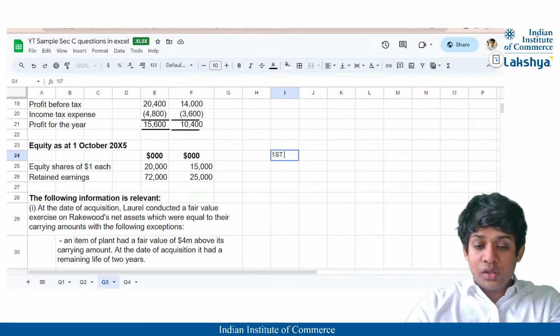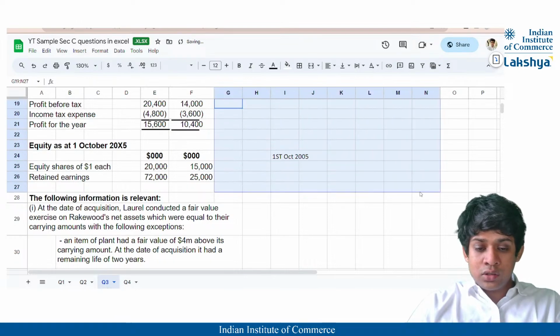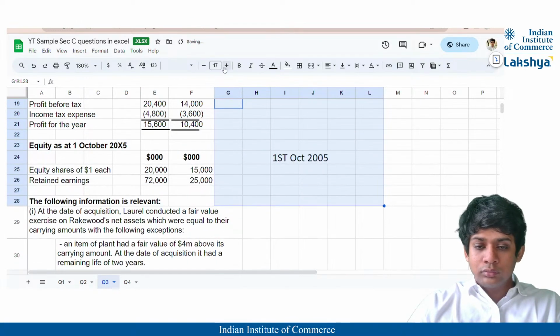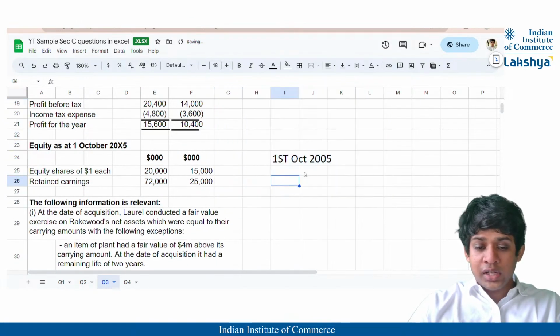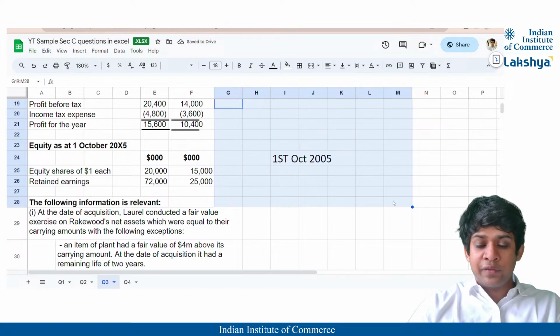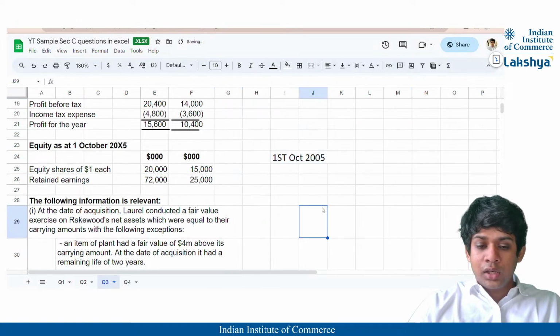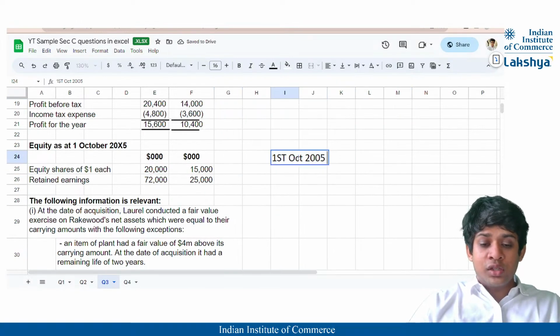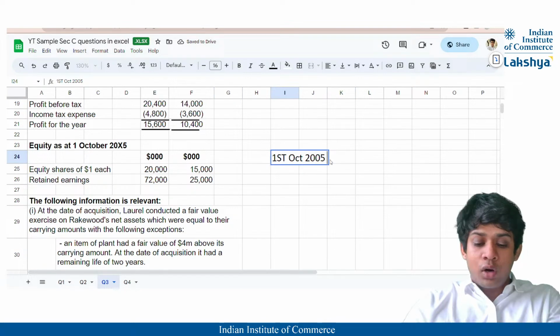That means on 1st October 2005, at 1st October 2005, what are the retained earnings?